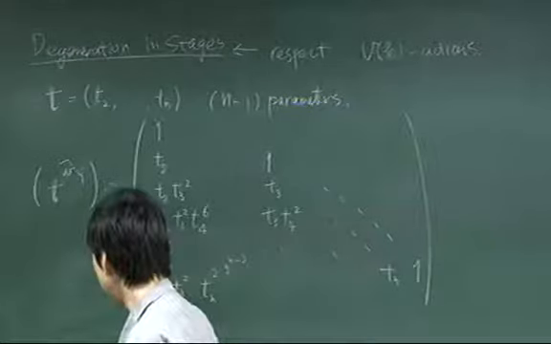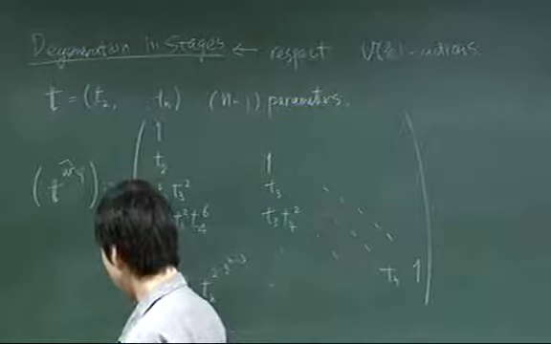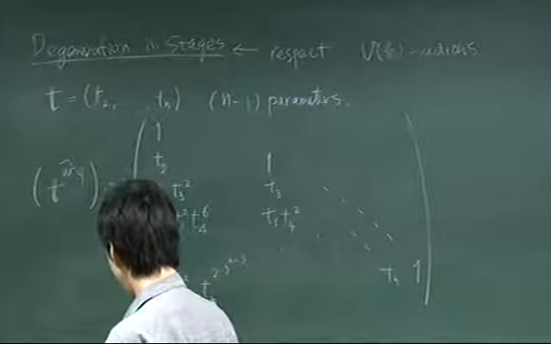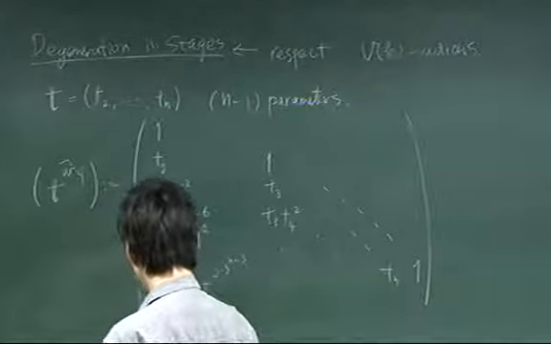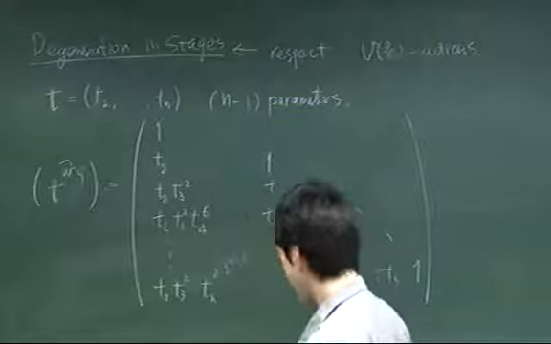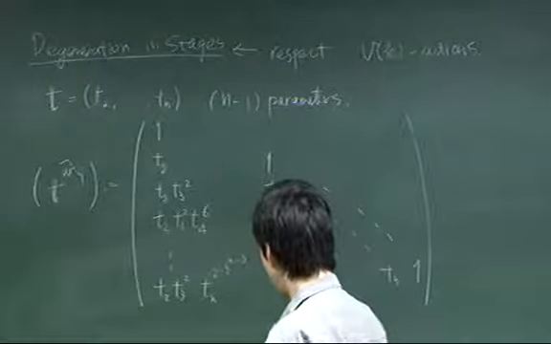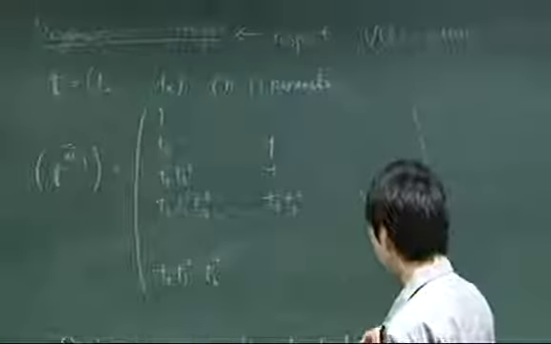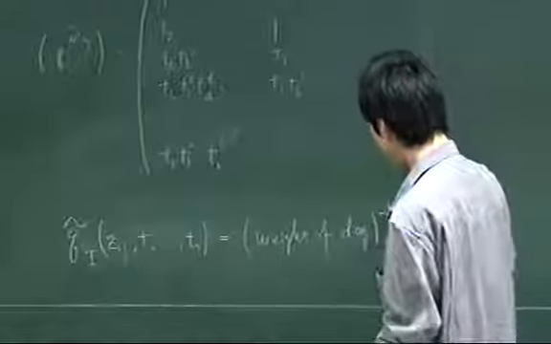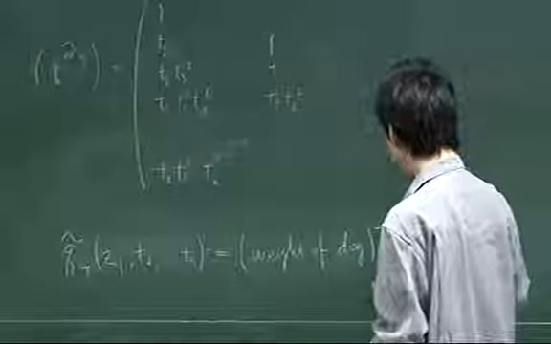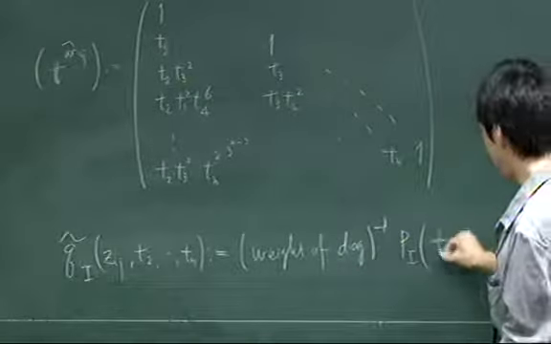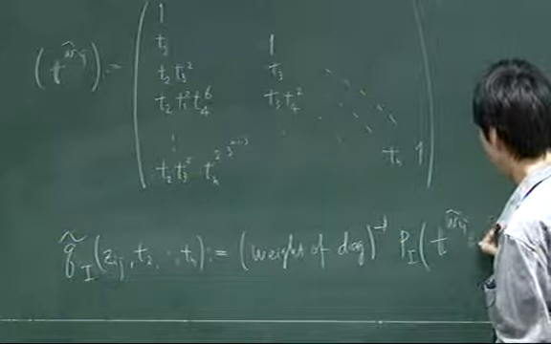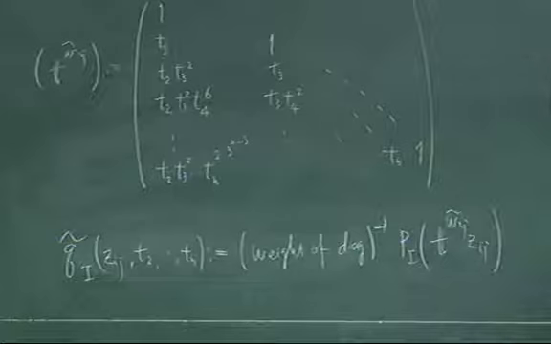Using this weight, it will be the weight of the diagonal inverse times pi of this matrix.